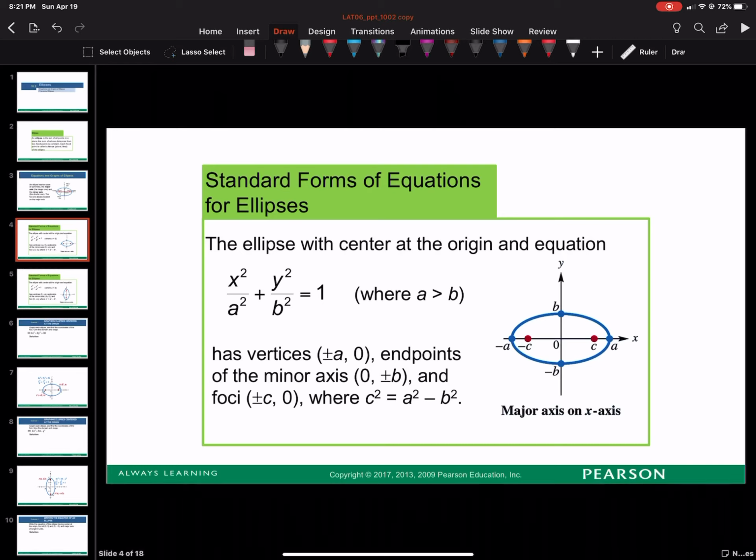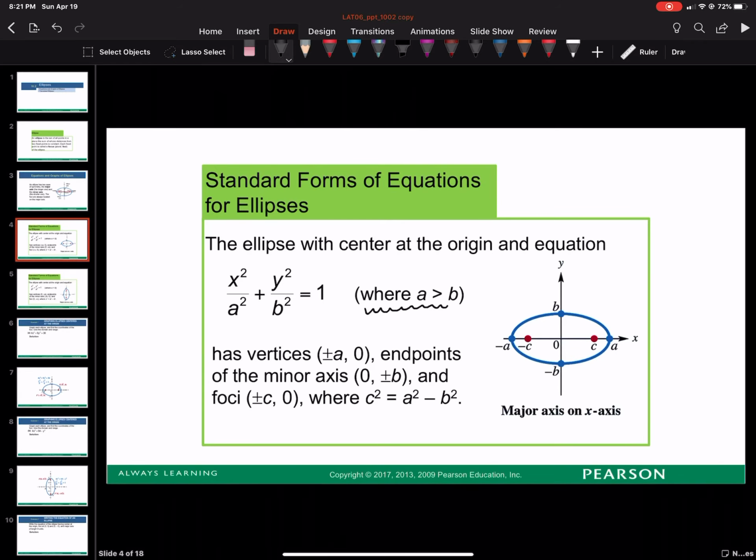In the standard form for an ellipse with center at the origin, which is (0, 0), the equation is x squared over a squared plus y squared over b squared equals 1, where a is greater than b. Make sure you understand that.